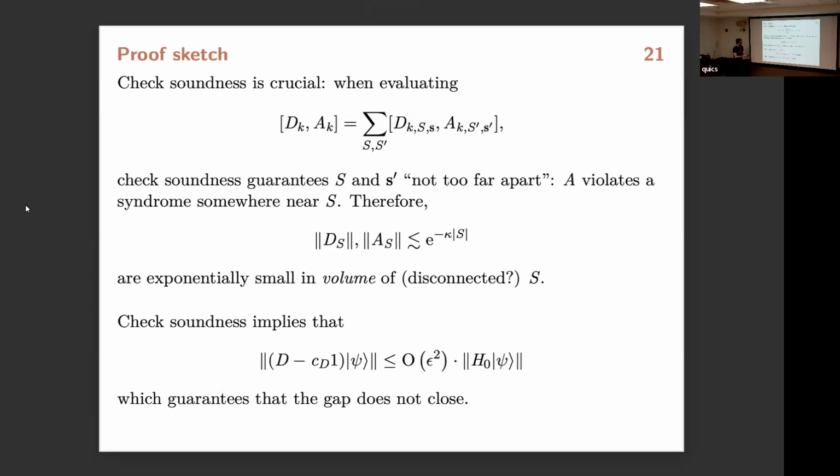And the other thing check soundness does is it actually ensures that the gap doesn't close. So if you didn't have check soundness, the proof can break in one or both of these places, and indeed it can, because we have examples where phases are not stable in the absence of check soundness. And for what it's worth, all of the examples that I showed would violate this second condition.